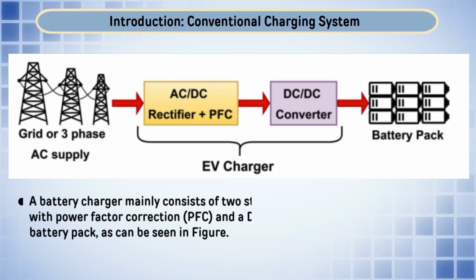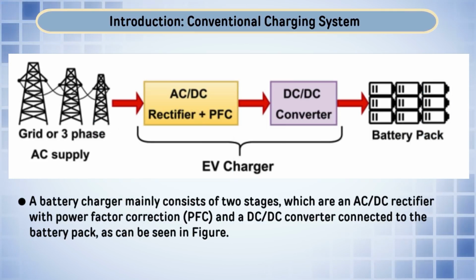We are proceeding with the introduction. If we see the conventional charging system, various battery packs of electric vehicles are connected to the grid via AC-DC and DC-DC units.